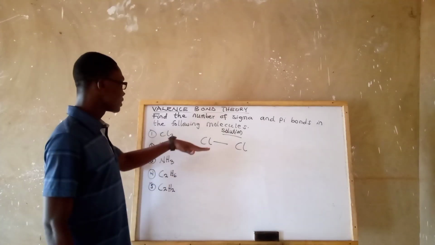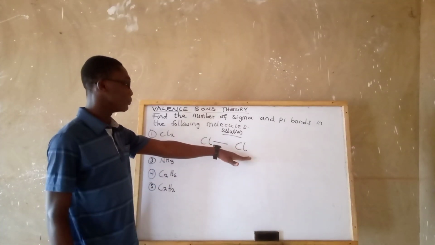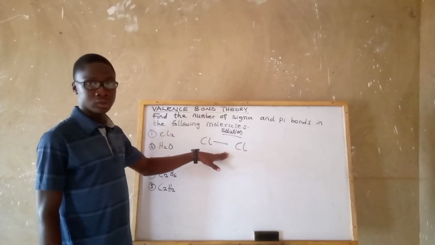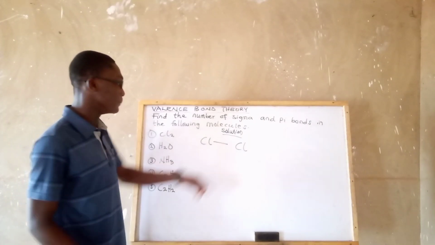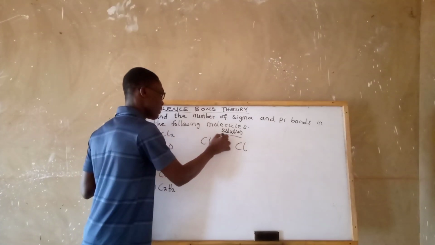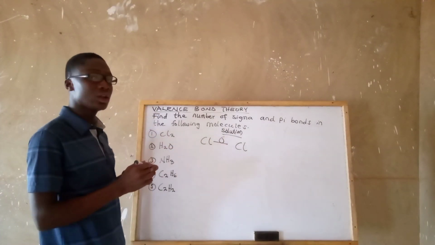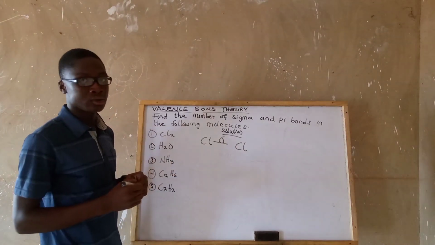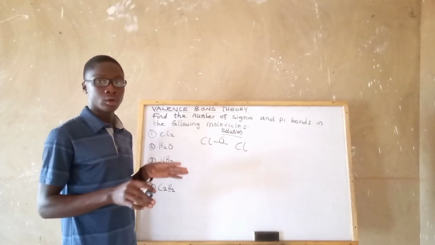So between this chlorine atom and this chlorine atom, the bond is a sigma bond because there is only one bond between them. So the chlorine molecule has one sigma bond and 0 pi bonds. It has no pi bond.